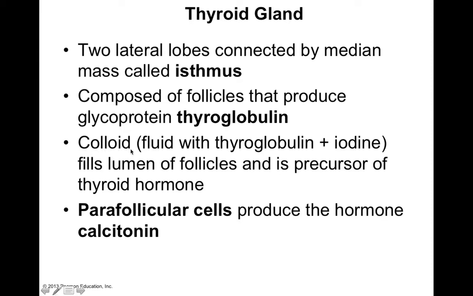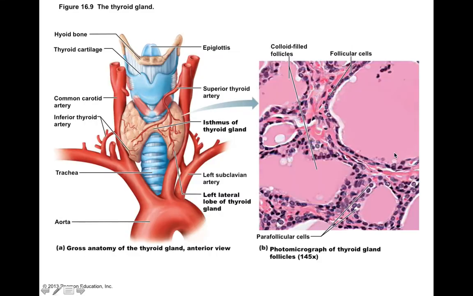So what we find then are large spaces or lumens within the thyroid gland filled with colloid that's made of thyroglobulin and iodine. Now, the cells that line that lumen are called the follicular cells that actually make thyroid hormone, and the cells that are nearby the lumen are called parafollicular cells, and they secrete the hormone calcitonin.